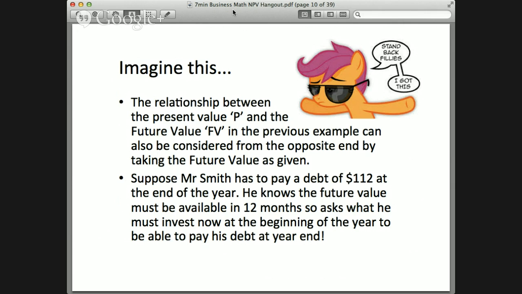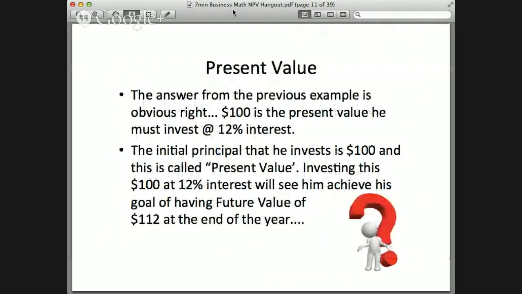He asks you, how much do I have to invest now in order to have $112 in 12 months' time so I can pay my debt? Well, the answer is really obvious, isn't it? It's $100. And that's the present value. He must put $100 into the bank or building society to earn 12% interest, which will give him his $112.